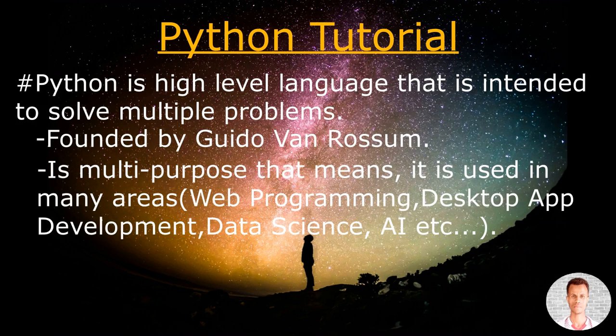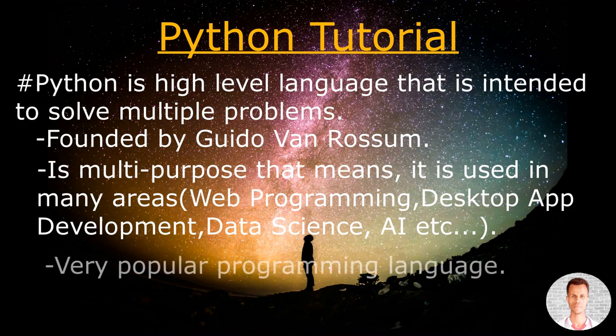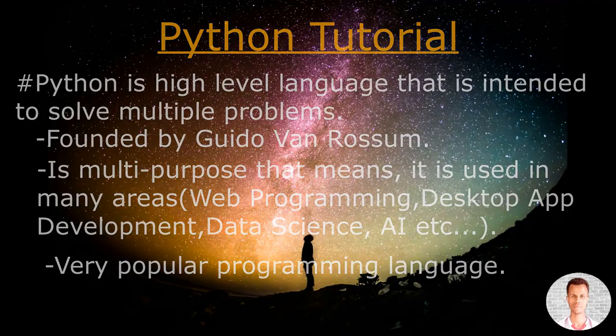So Python can be used in web programming, desktop application development, data science, AI, and so many other fields. So by using Python, we can build everything we need because it is easy to use. In terms of popularity, it is very popular. Everyone and every company is using this programming language.